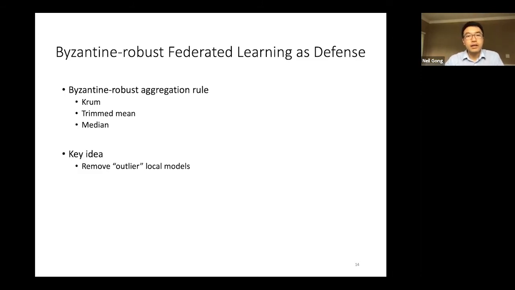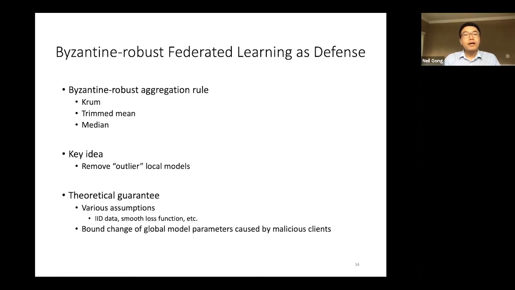Roughly speaking, the key idea is to remove outlier local models before aggregating them as a global model. Under some assumptions, for example, the clients' local data are IID and the loss function is smooth, these methods can even bound the change of the global model parameters caused by malicious clients.